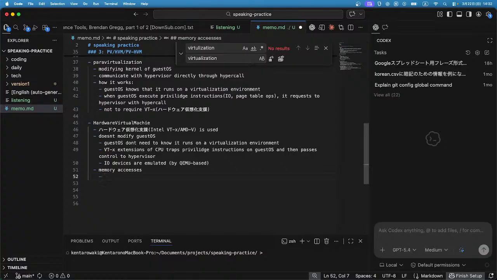I don't know everything, but I feel like the important thing is hardware handles two steps of memory address translation.